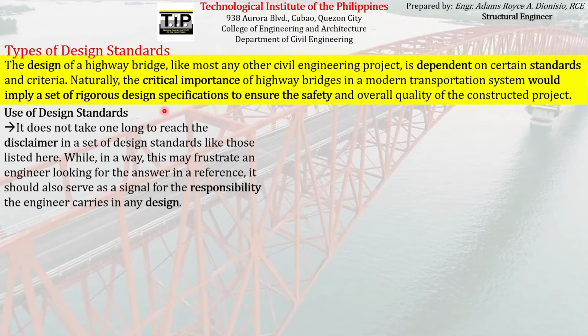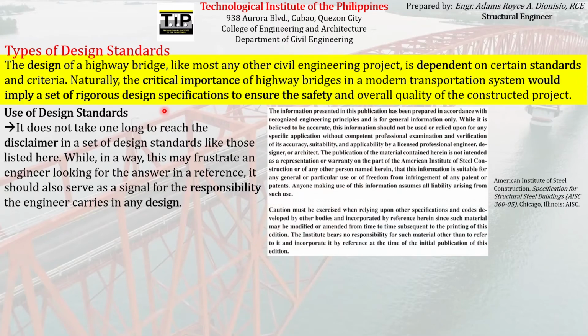That's why whenever you look at a particular design code, you can notice that there is what we call a disclaimer, such as this coming from the AISC, a specification for structural steel buildings. This is actually a disclaimer that can be found on AISC 360-05, the specification for structural steel buildings.